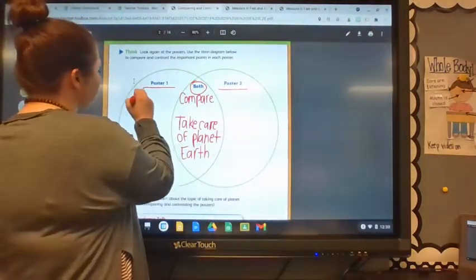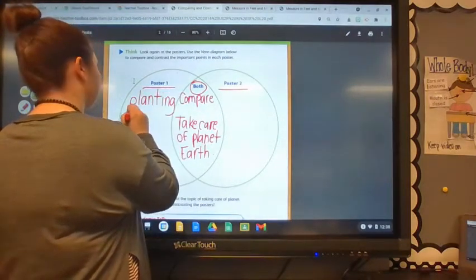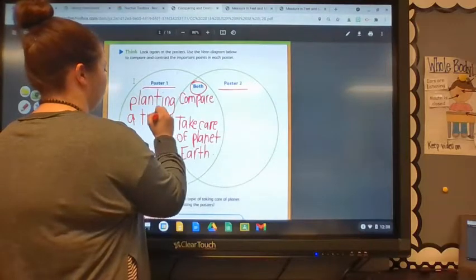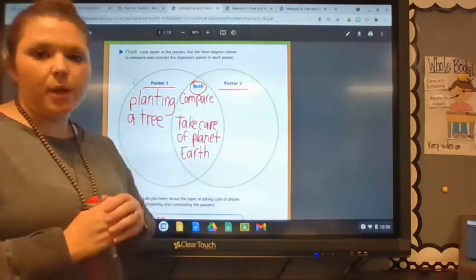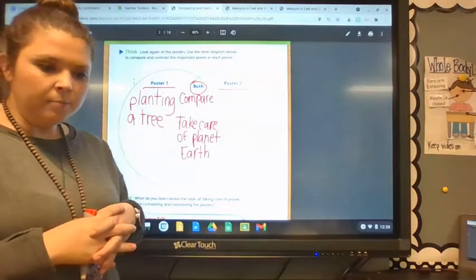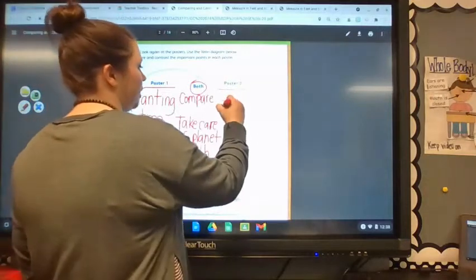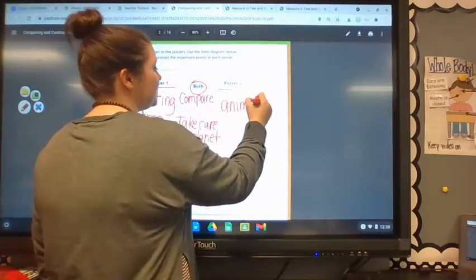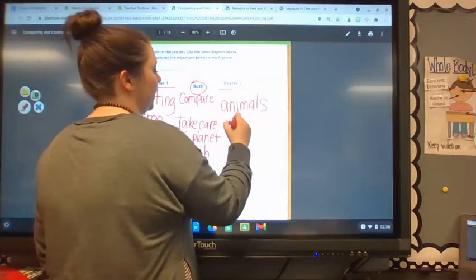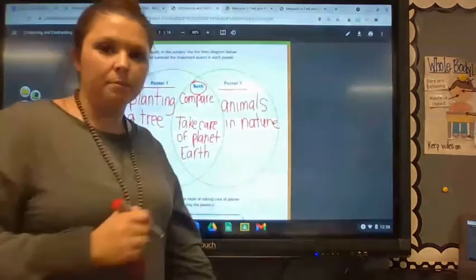No, so that is something that is different. All right, well, what are they doing in poster 2 in that illustration? There are animals in nature. That is different than poster 1. We didn't see any animals in poster 1, did we?